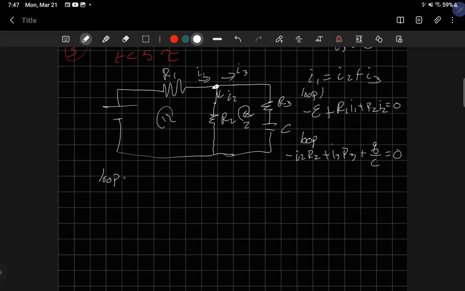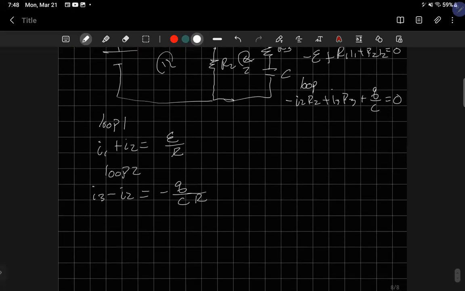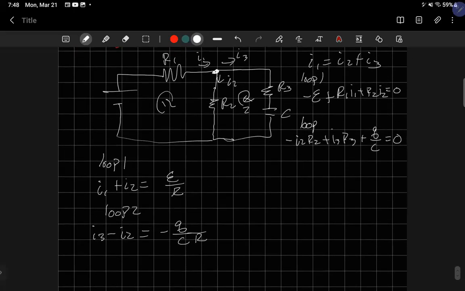So loop 1 is going to be I1 plus I2 is equivalent to E over R. And then loop 2 is going to be I3 minus I2 equals negative Q over C divided by R. Okay, so I know I have 3 equations, all in terms of I's.